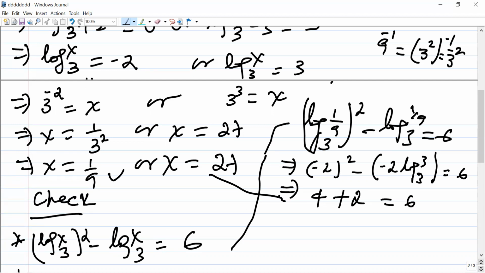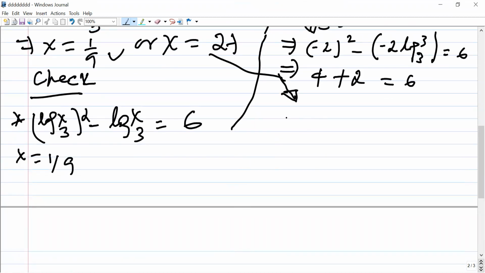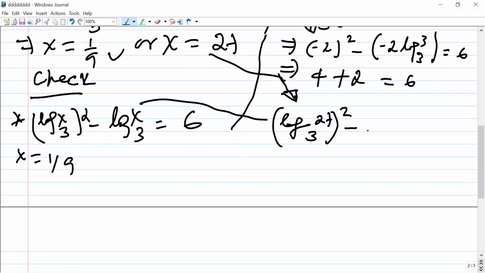In the same way, we can substitute x is equal to 27 and check. The original equation is this one, and we are checking whether x is equal to 27 is the answer or not. Now let's check: log of 27 to the base 3, the whole squared, minus log of 27 to the base 3, is equal to 6.